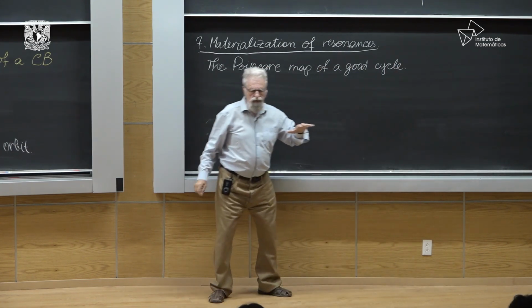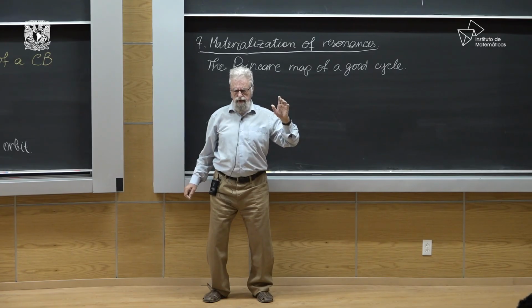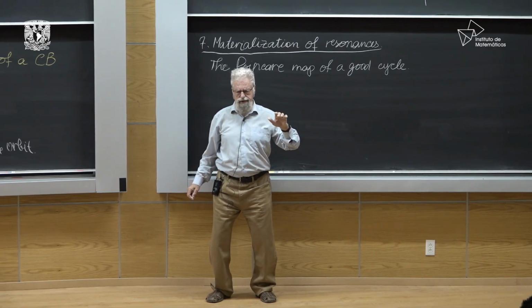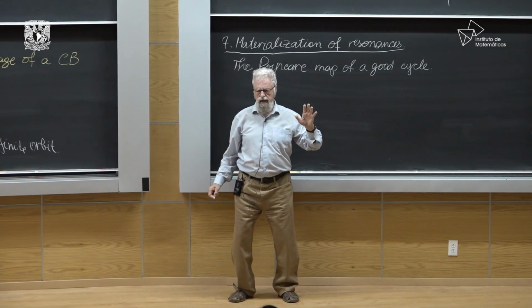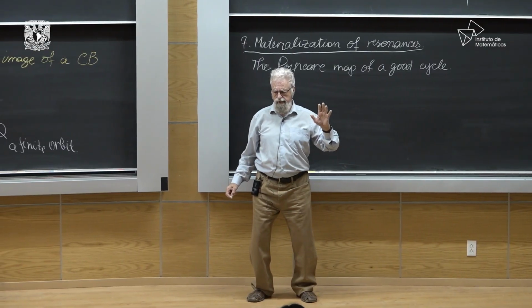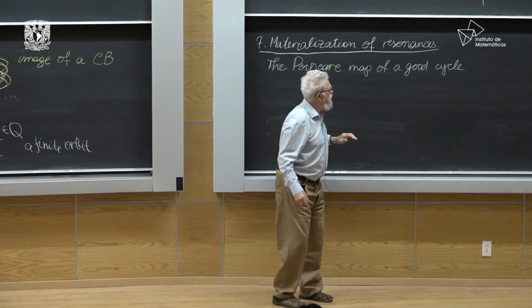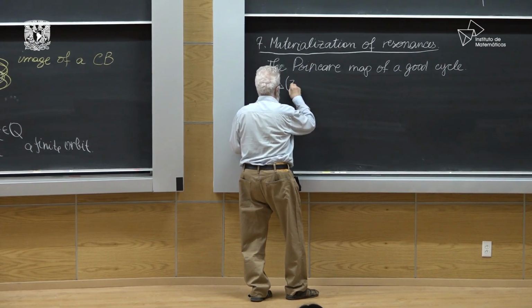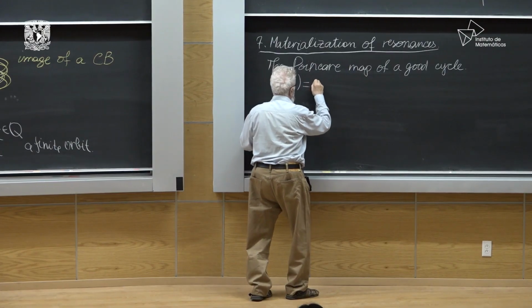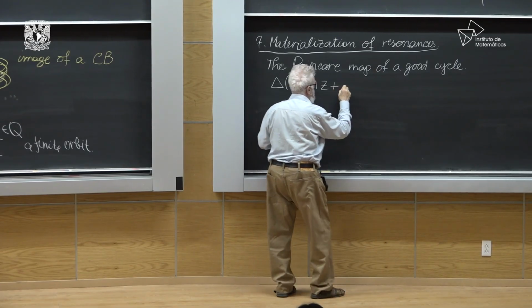The good cycle evolves. We have a cross-section to a good cycle, and the intersection point of the cross-section with the good cycle also evolves. But we take a coordinate on the cross-section depending on the parameter so that it is 0 at the intersection point with the good cycle. Then the Poincaré map may be written in the form lambda z plus higher order terms.